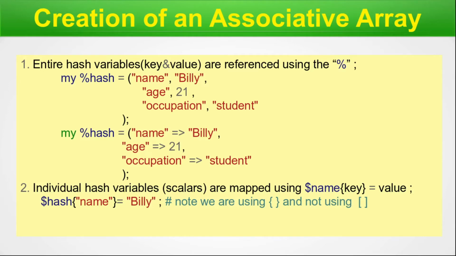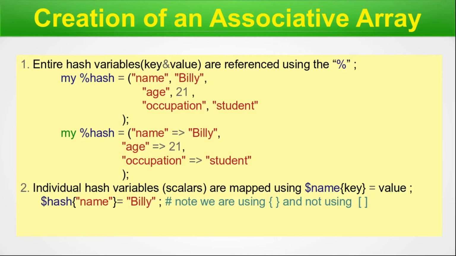We write $hash, then within the curly bracket, or the second bracket, we put the key name within quotes, and we put an equal to sign and then Billy. So now we are using the second bracket and not the third bracket, that is the rectangular bracket. This is a bit different. Why am I talking about the third bracket here?